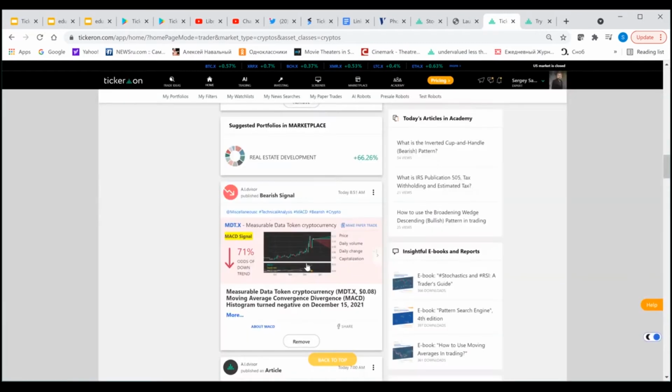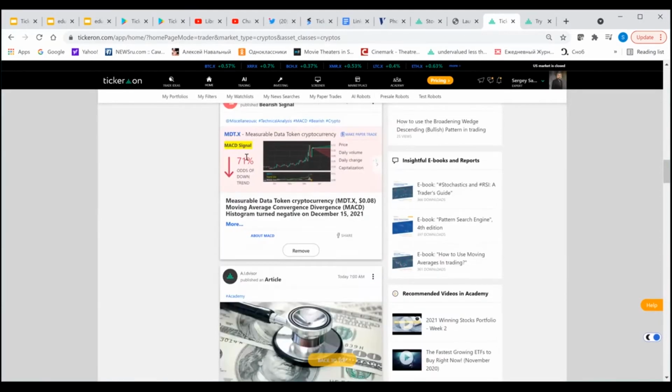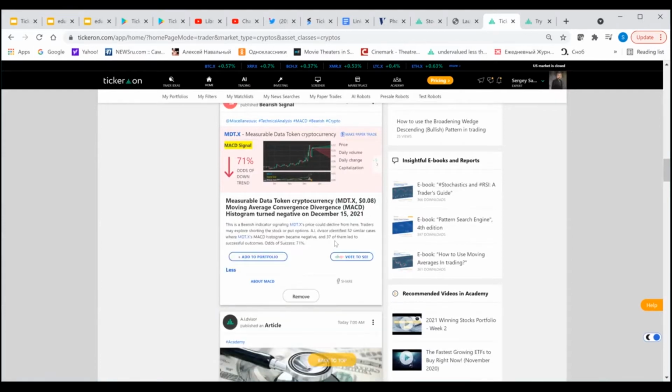This is a simplistic explanation of MACD, but what is good is that we do the backtesting. You see 71% odds of success. We found 52 similar cases, and 37 of them went down with this particular signal. So we say it's about 71% odds of success going to the downtrend. And that's free stuff.